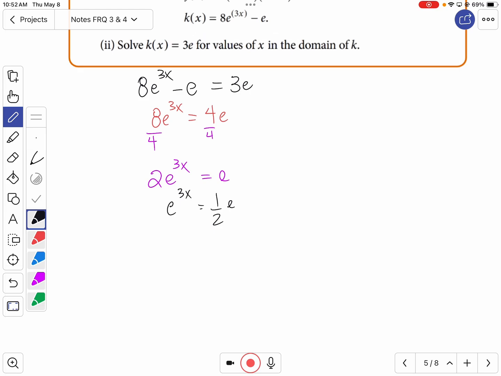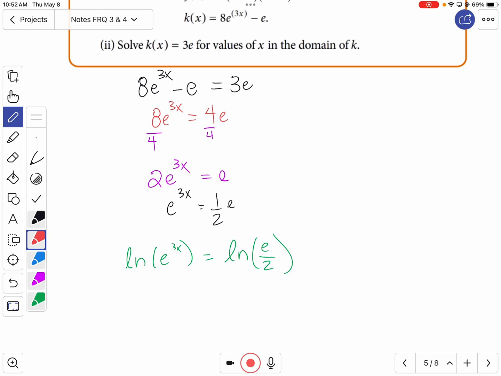What's the only way to get rid of an e? ln. Let's take the natural log of both sides. So I'm going to take the ln of e to the 3x and the ln of e over 2, or 1/2 e. What's going to happen over here on the left-hand side?